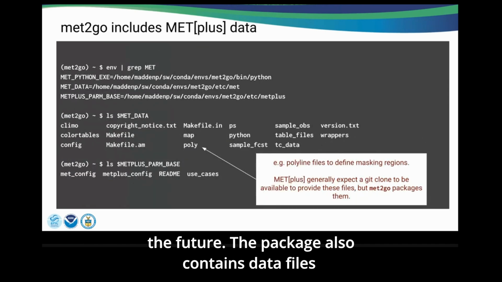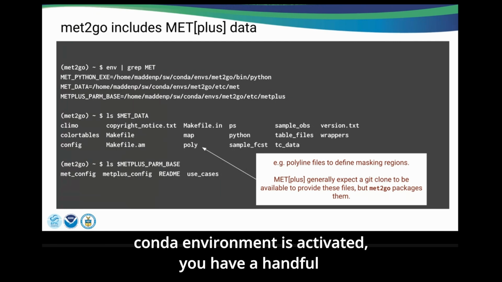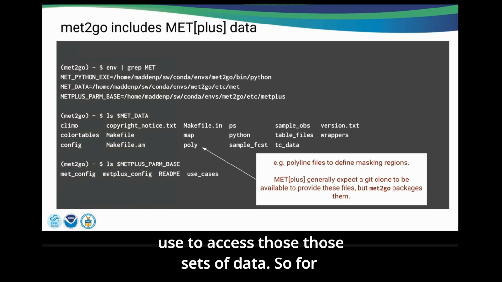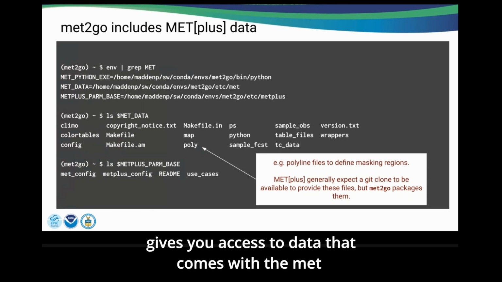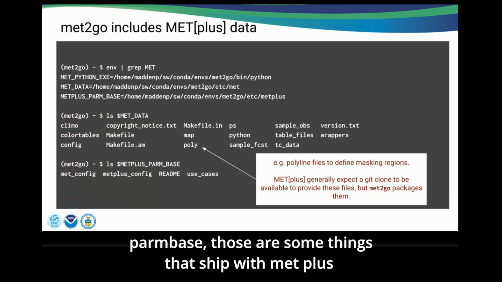The package also contains data files that ship with MET and METplus. And when your conda environment is activated, you have a handful of environment variables available that you can use to access those sets of data. So for example, the MET_BASE environment variable gives you access to data that comes with the MET distribution, and likewise for METPLUS_PARM_BASE.